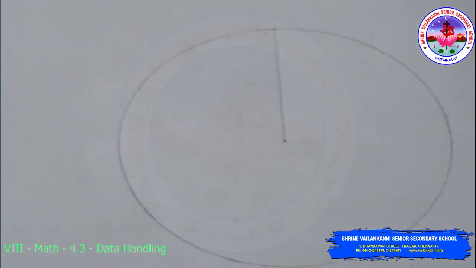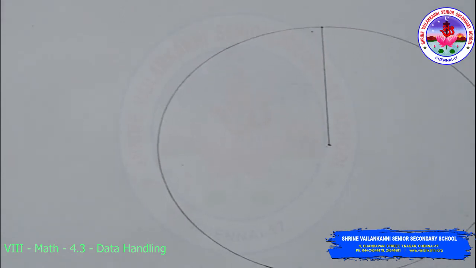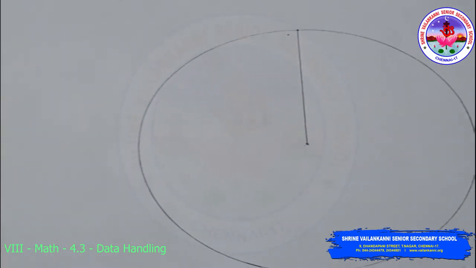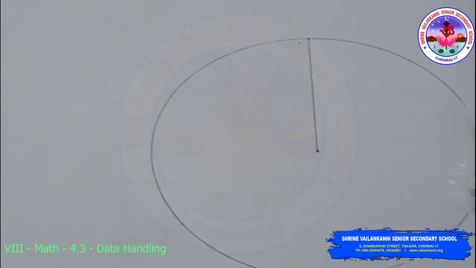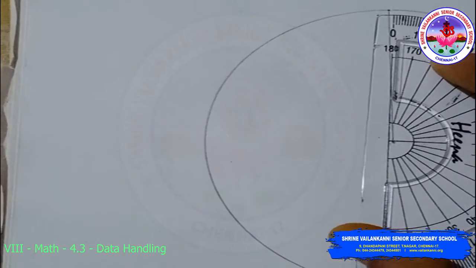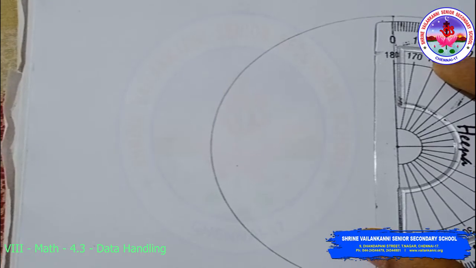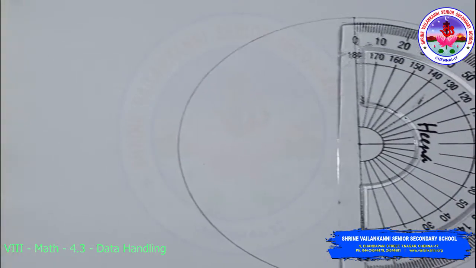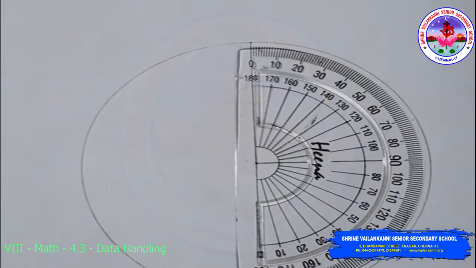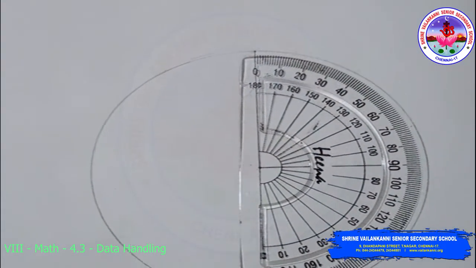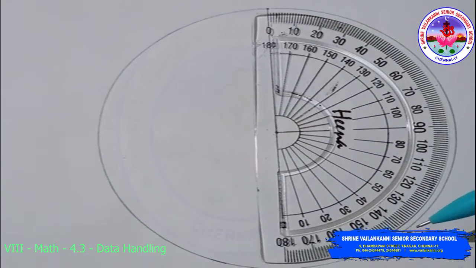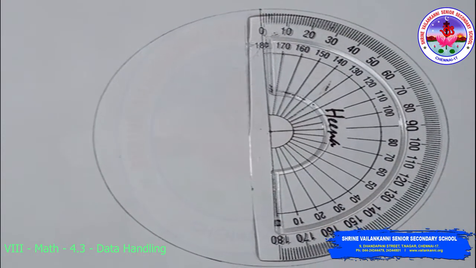The first one is pop. The degree of pop is 180 degrees. Using the protractor, place it on the center radius. Here, measuring the outer values of the protractor, 180 is here.